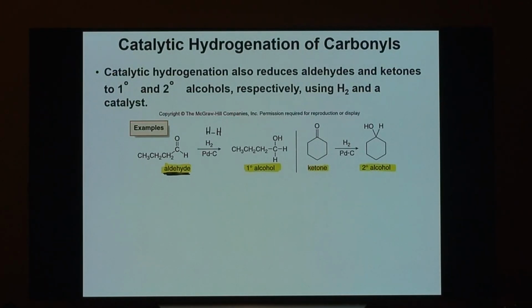So all I did over here is I added a hydrogen on this carbon and a hydrogen on this oxygen. When you add 2 sigma bonds, you need to break the double bond. So you no longer will have a carbonyl in your product.